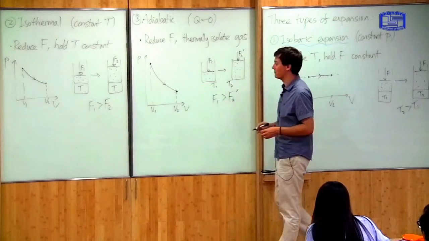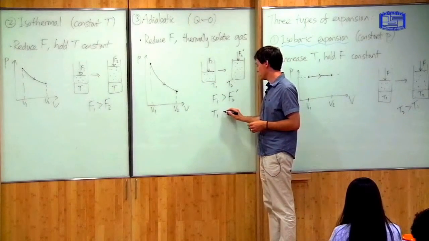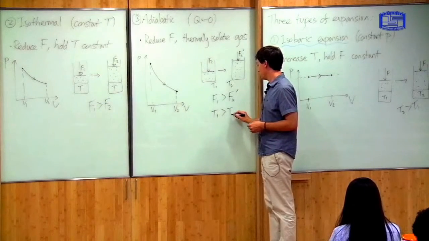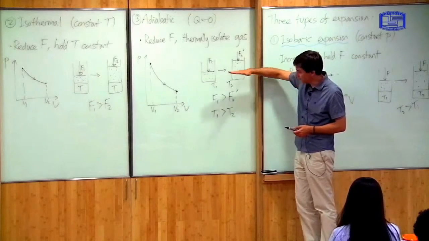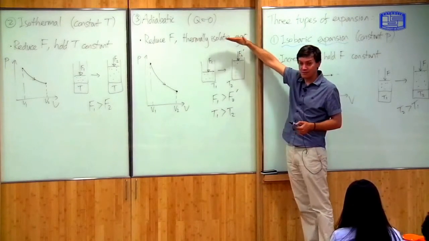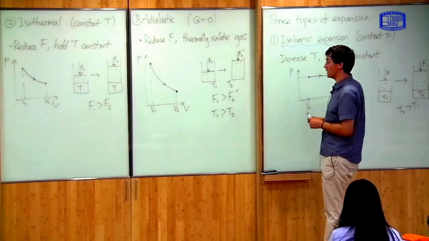I say prime because it's different from that. And also, the temperature has reduced. The temperature is reduced because the gas has done work. It's used energy to push up the piston, so that energy results in the gas being cooler.